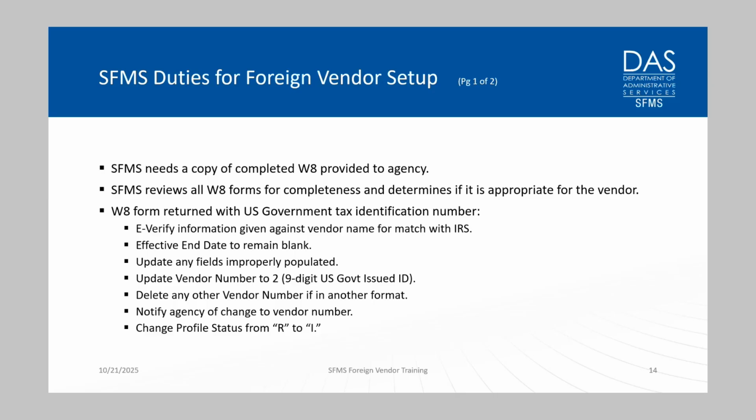Well, the answer is number 3. It's 2 plus the U.S. issued ID. We always prefer the U.S. ID if at all possible, if they have it. 2 is the foreign government ID, and 2 is the agency sequence number. Really, the reason we like that U.S. issued ID is those W-8s, if you pay them annually, never go south on you.